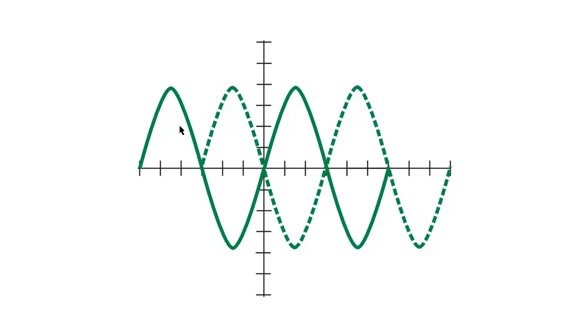Now, this part right over here and this part right over here are now irrelevant in this graph. The only part of the graph that really matters to us here now is this portion right there.